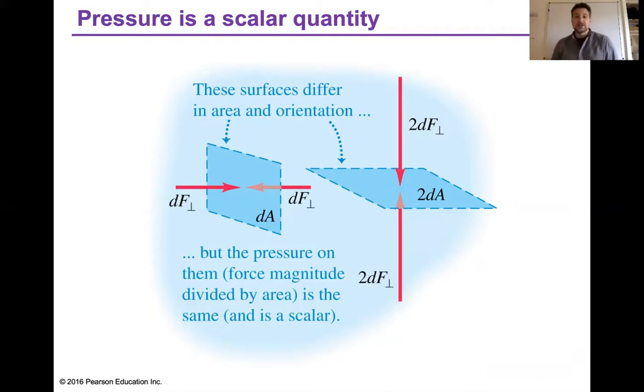So the forces acting on that square dA need to again be equal and opposite. One of them needs to be up and one of them needs to be down, so that the net force on that surface area within the fluid is zero, because it won't accelerate.